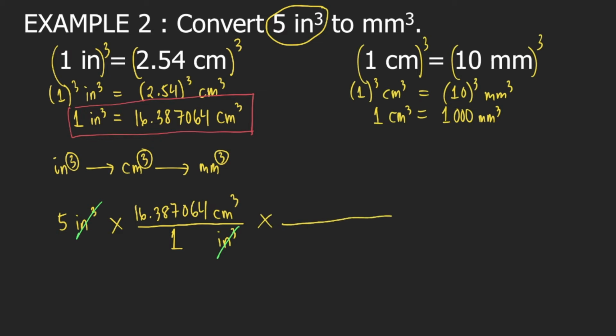To cancel cubic centimeters, we will put cubic centimeters on the bottom, and on top we put cubic millimeters. And looking at our equivalents, 1 cubic centimeter is equal to 1,000 cubic millimeters. Cubic centimeters will cancel, and the unit left is cubic millimeters.